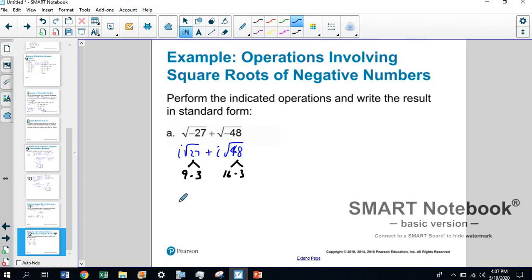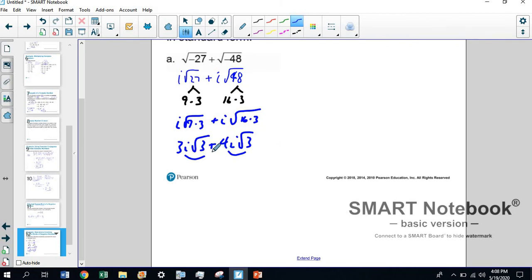And so we end up with i square root of 9 times 3 plus i square root of 16 times 3. Square root of 9 is 3. Square root of 16 is 4. So we have 3i square root of 3 and 4i square root of 3. So that gives me a total of 7i square root of 3. That's your final answer.